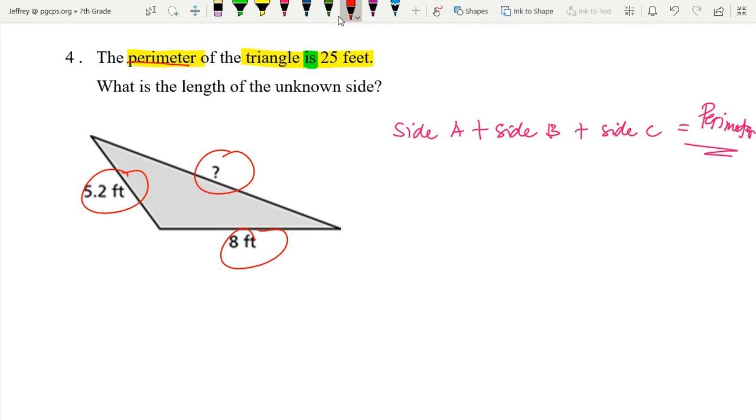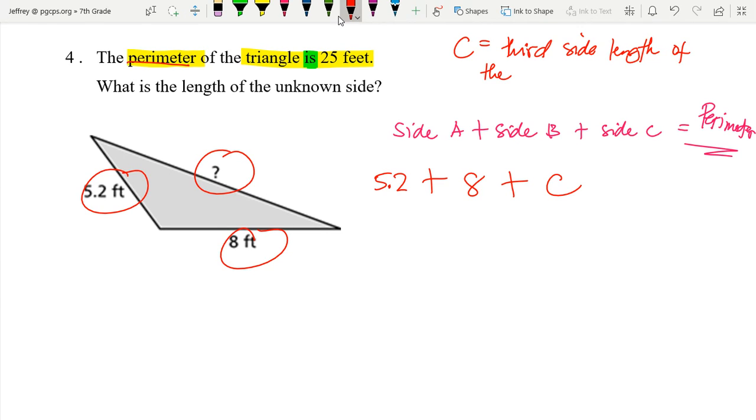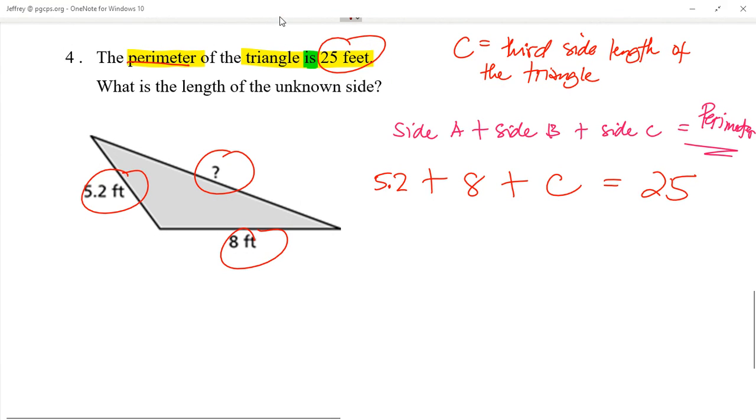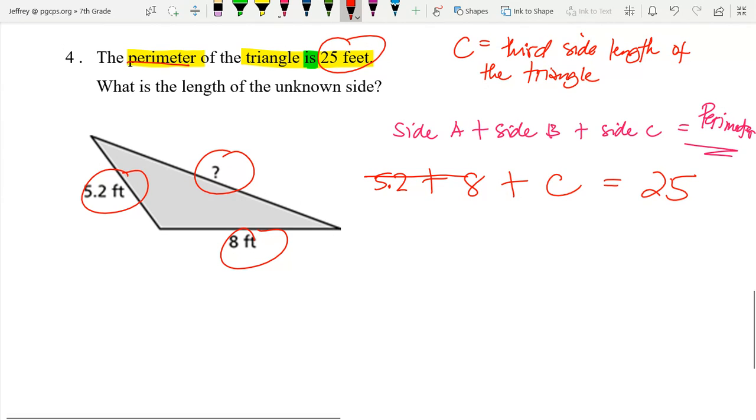So side A is 5.2 feet, plus side B is 8 feet, plus side C we don't know, so let's put letter C. So C represents the third side length of the triangle is equal to, what's our perimeter? 25 feet, so 25.